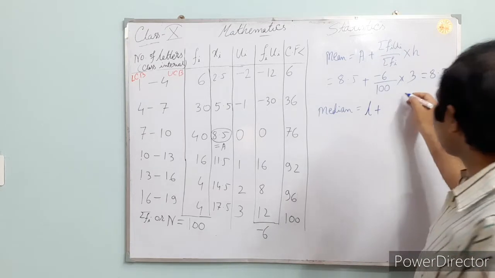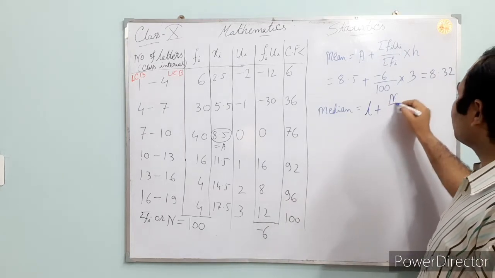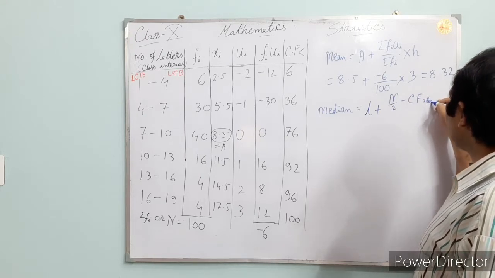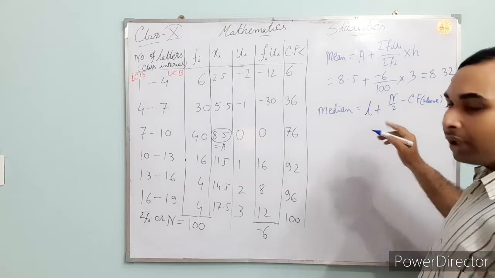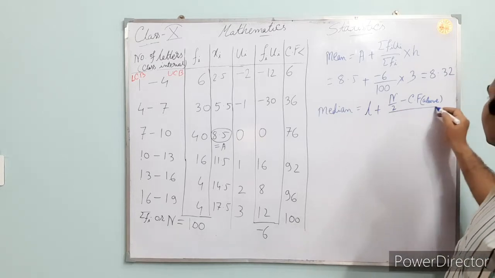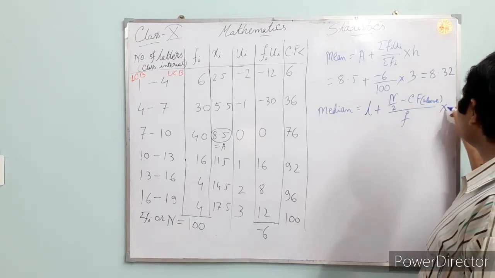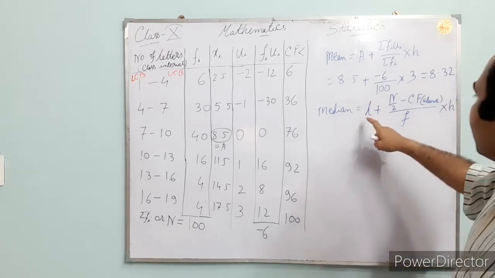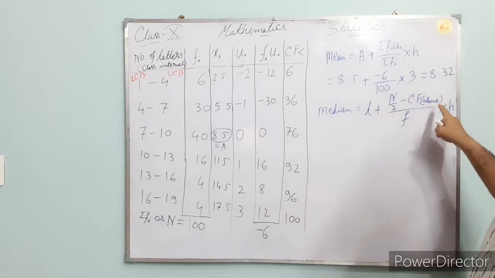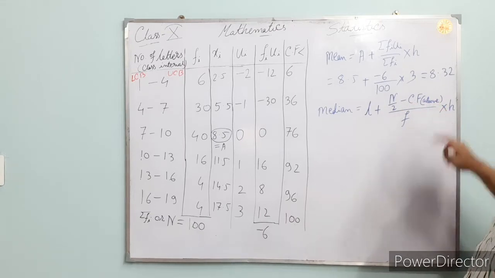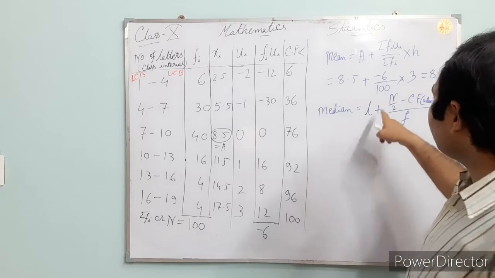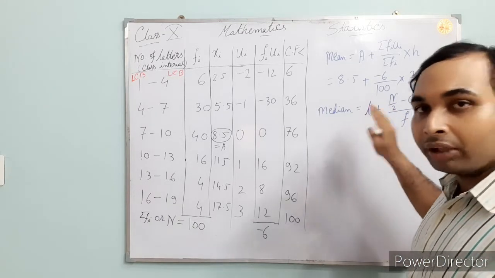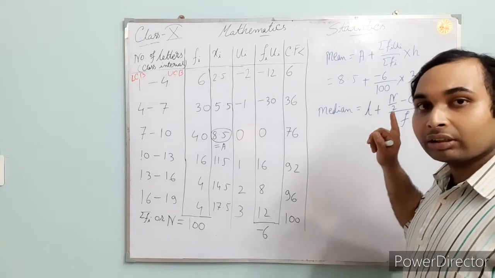L plus N by 2 minus Cf by F into H. I am writing this above. This is the formula for finding the median: L plus N by 2 minus Cf above by F into H, where L means the lower class boundary of the median class. I will not write here, just listen.